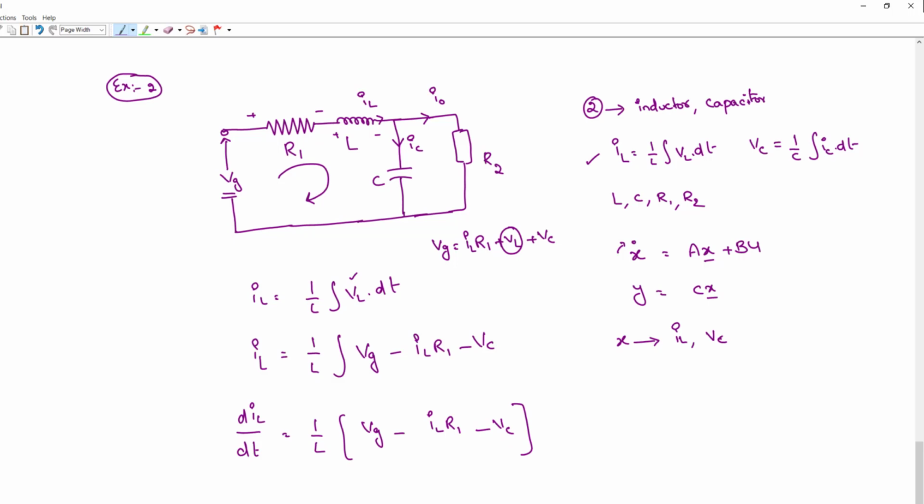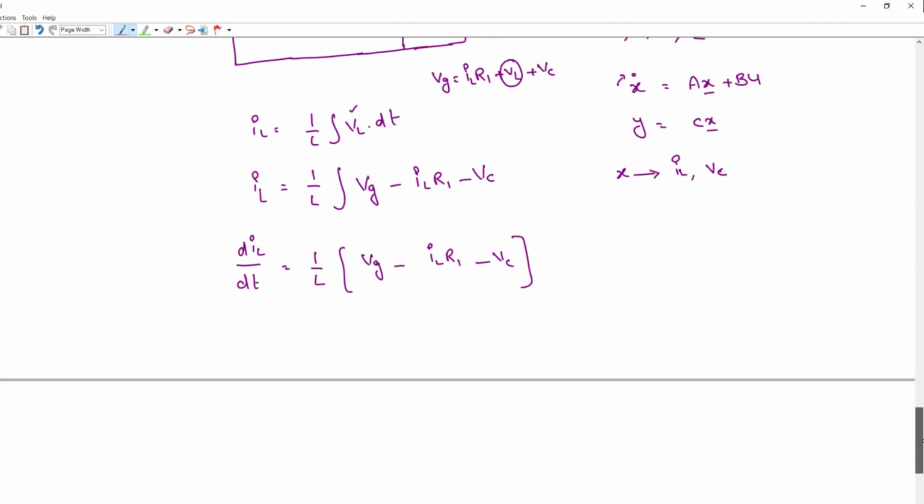Now let us segregate this into input and output ways. dIL by dt is equal to minus R1 into IL divided by L, minus VC by L, plus Vg by L. This is very simple.